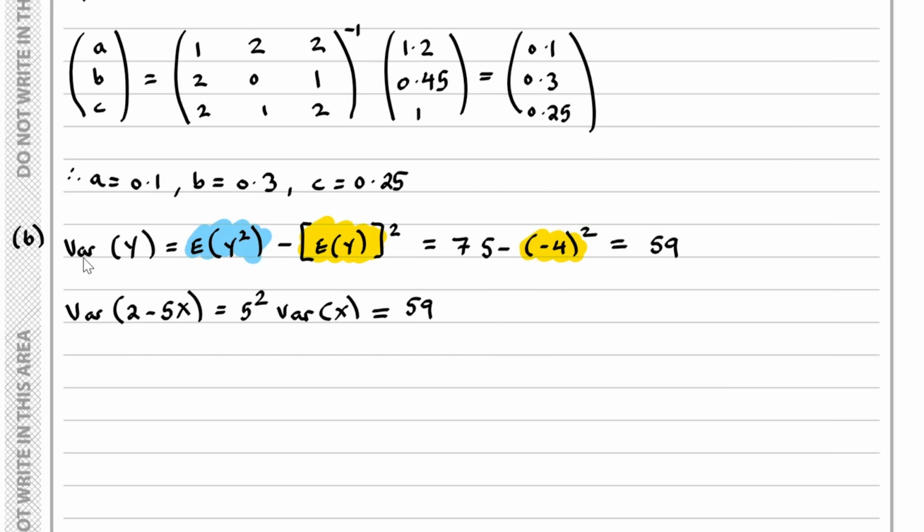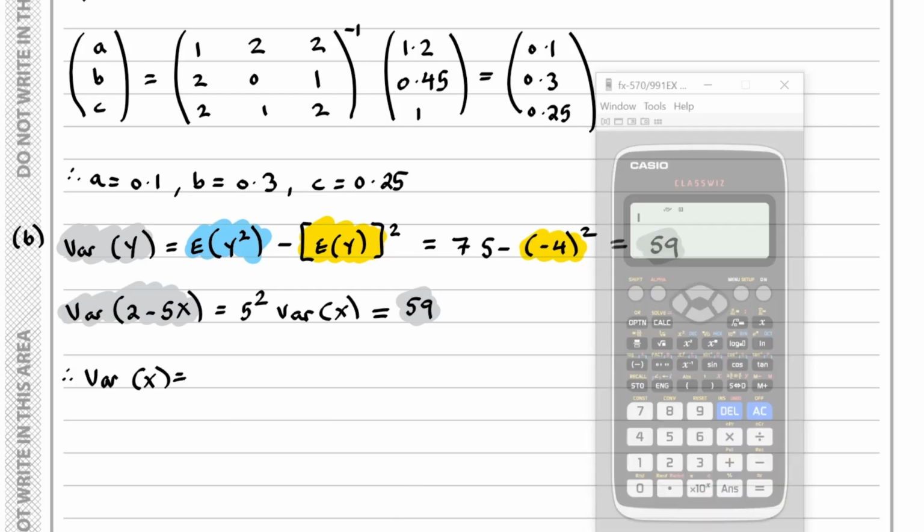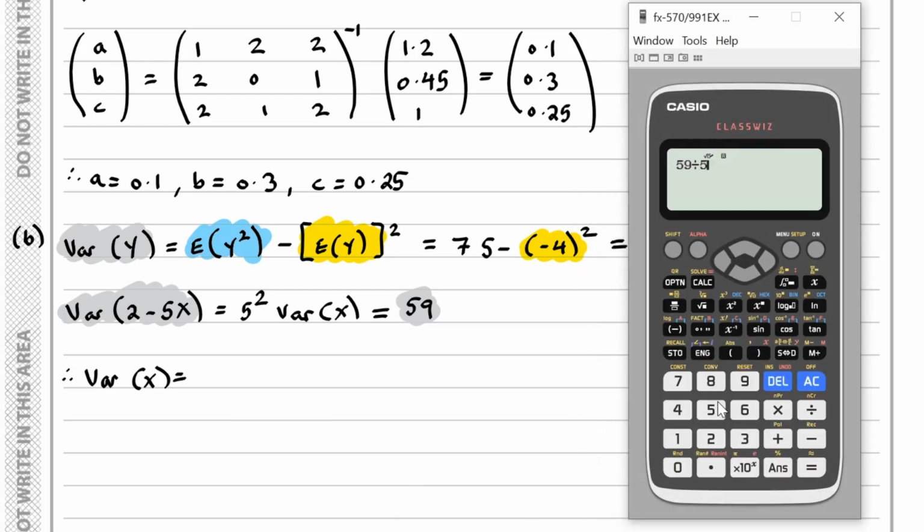The reason being is the variance of y, which is the same as this over here, is equal to 59. So in conclusion, we can see that the variance of x, that's equal to 59 divided by 5 squared, which is 2.36.